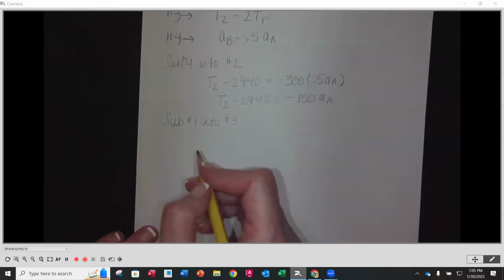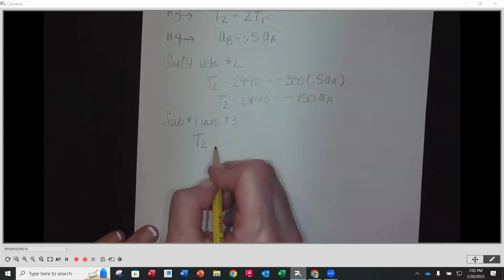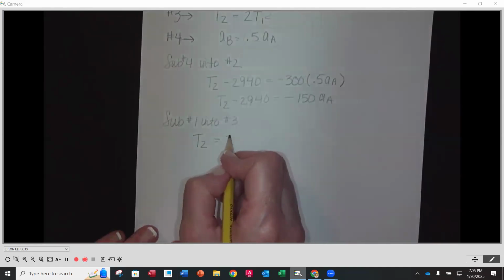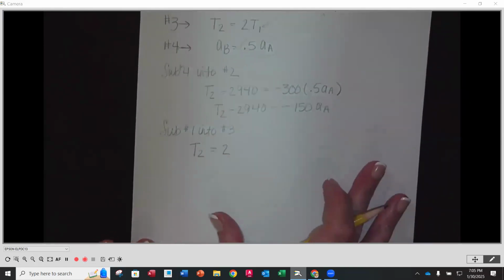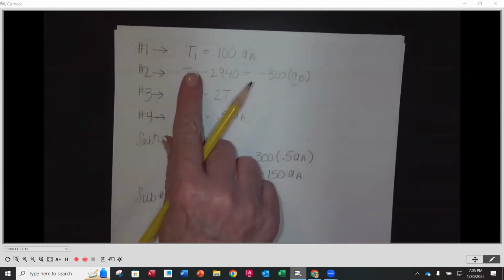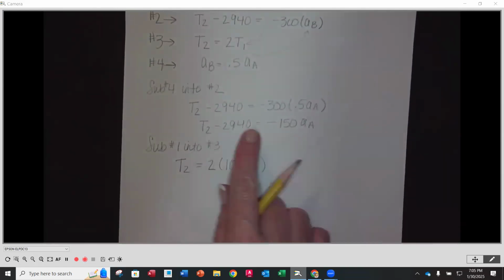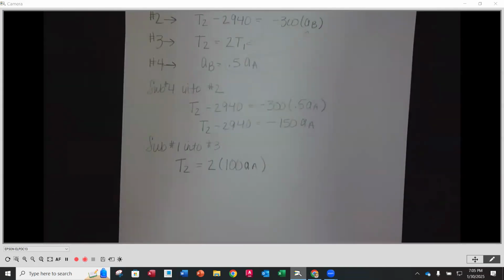So into number 3, T2 is equal to 2 times T1, which is 100 acceleration of A. Oh, look what I've got here: 2 equations with the same 2 unknowns.